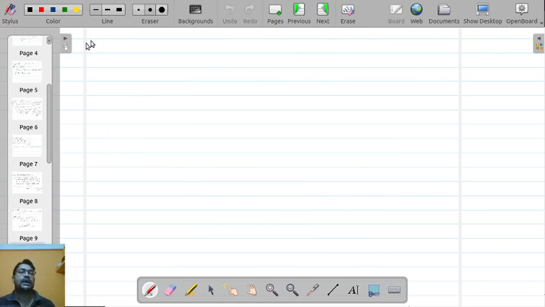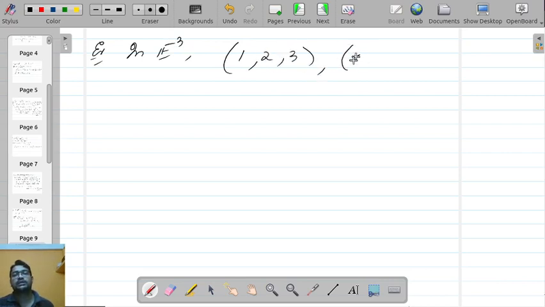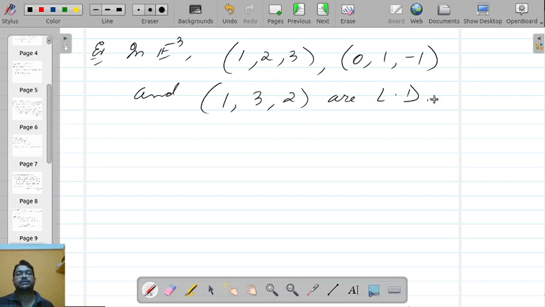Another example, let's say in E to the power 3, something like (1, 2, 3), (0, 1, minus 1) and (1, 3, 2) are linearly dependent. So you try to observe.